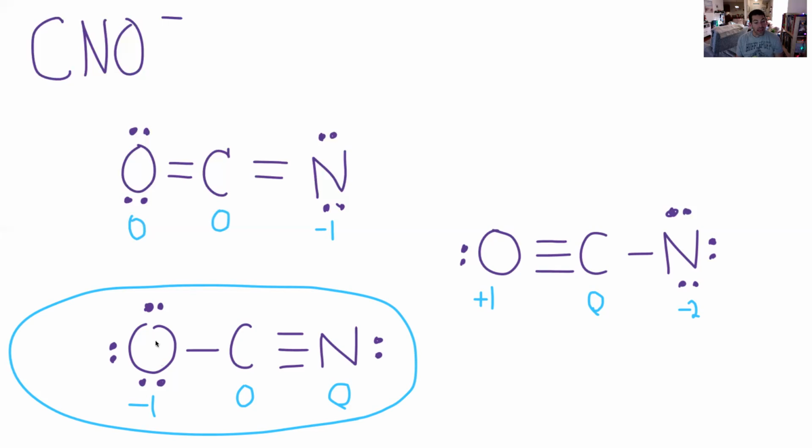The reason for that is oxygen is the most electronegative of the three elements. So if one of these elements were to pull in an electron around it, it would be the most electronegative, and that's why it has the formal charge of -1, while the other two elements have formal charges of 0.